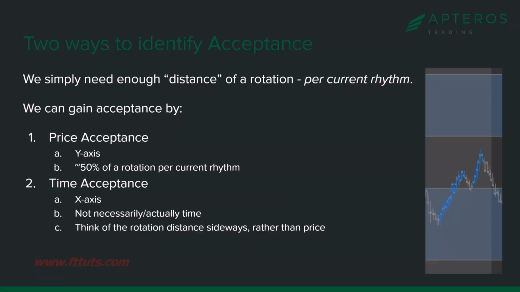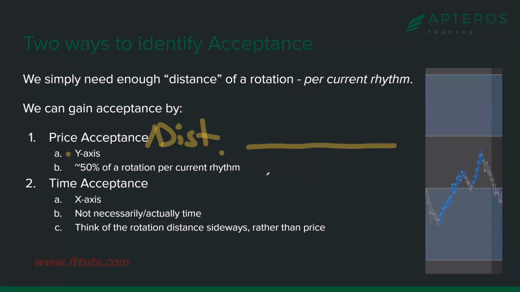And how do we monitor where the acceptance picture changes? Two ways. One is quite simply how far, right? Price acceptance or distance, on the y-axis, the vertical up and down axis.